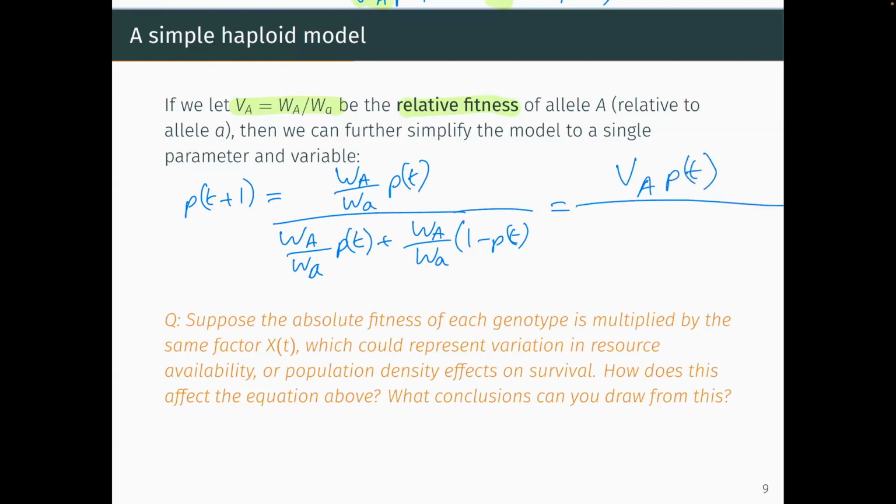We just have one parameter, V sub A. We have V sub A times P of T divided by V sub A times P of T plus 1 minus P of T. And if you want, you can gather those P of T terms together on the bottom.